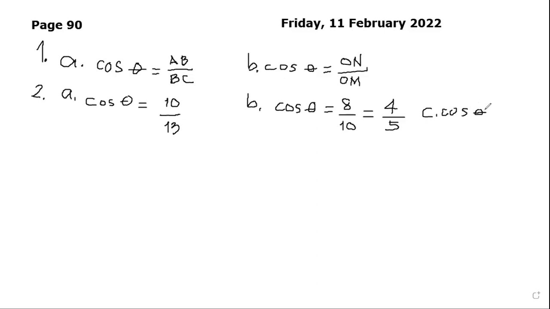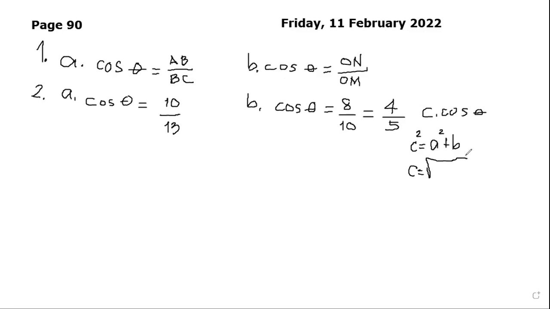So therefore, we use the Pythagoras theorem. We know that Pythagoras theorem is c squared equals a squared plus b squared. Now, c equals the square root of a squared plus b squared.